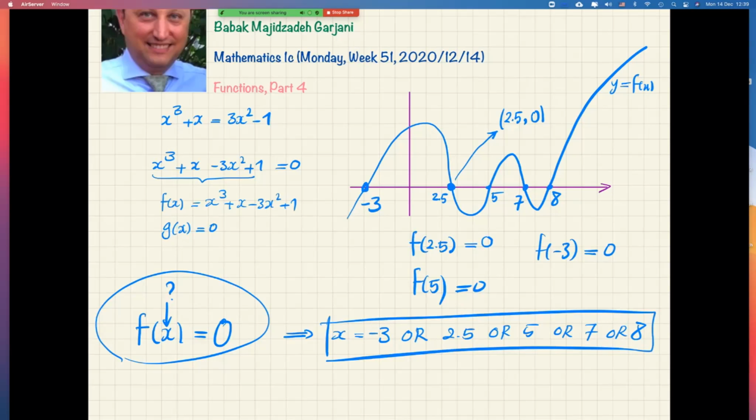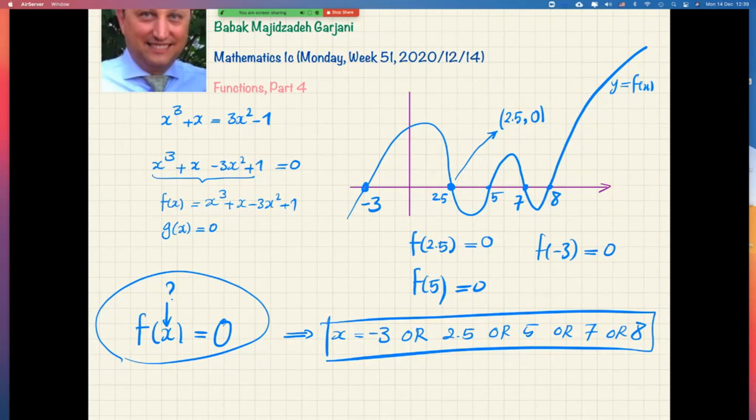So it is very important: if you have a function on the left equal to 0, and you want to find those values, you need to read the x coordinates of the intersection points of the graph and the x-axis.